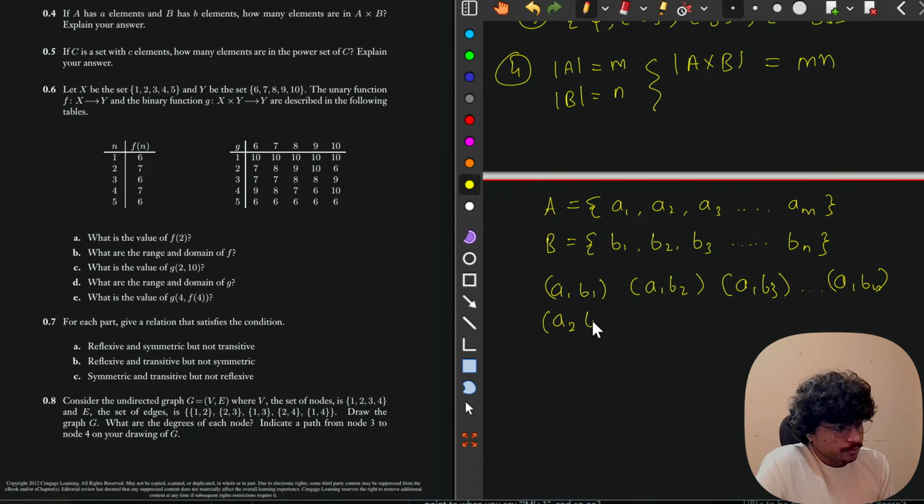A2, A3 B1, up to Am B1. I don't need to write everything.